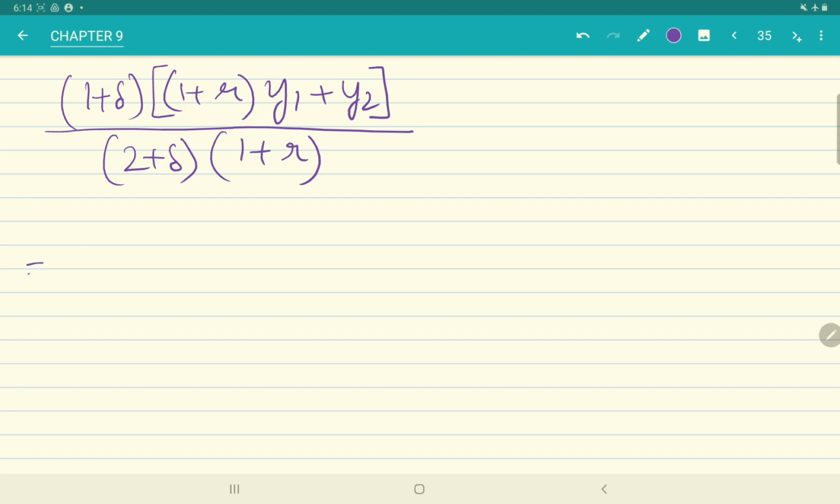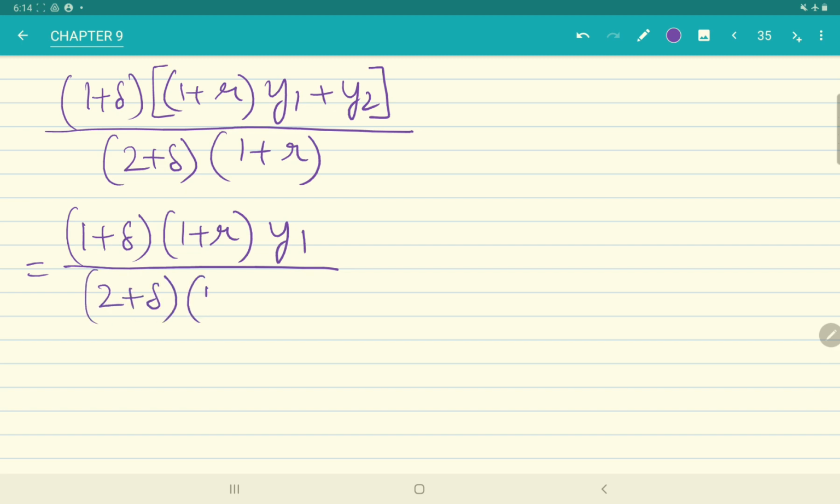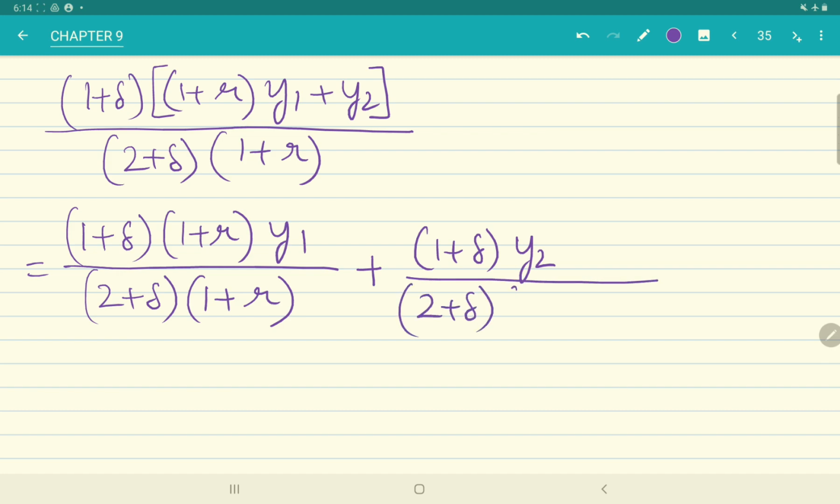Now this can then be written as (1 plus delta)(1 plus r) y1 by (2 plus delta)(1 plus r) plus (1 plus delta) y2 by (2 plus delta)(1 plus r). I think we can proceed this way.